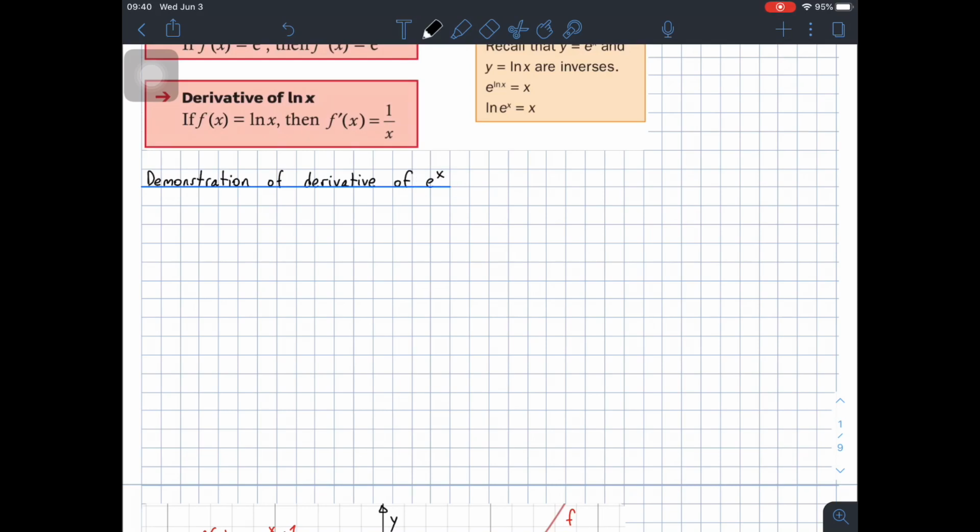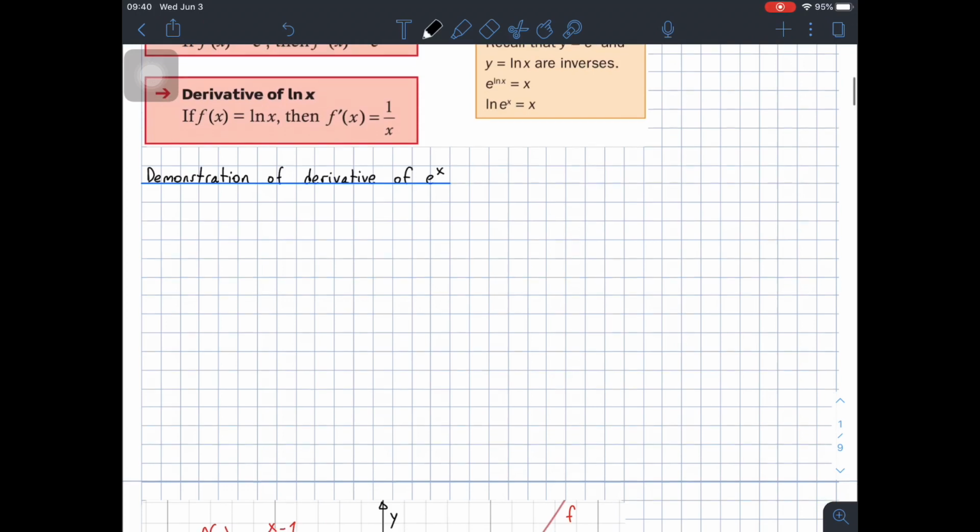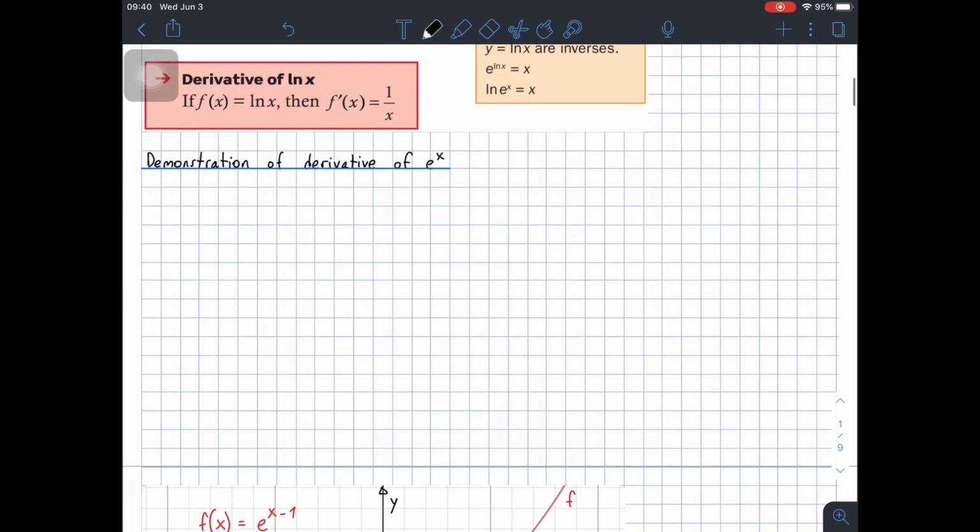definition of a derivative. If you remember, the definition of a derivative said that the derivative of a function is the limit when h approaches 0 of f of x plus h minus f of x over h, right? This is the definition of a derivative.